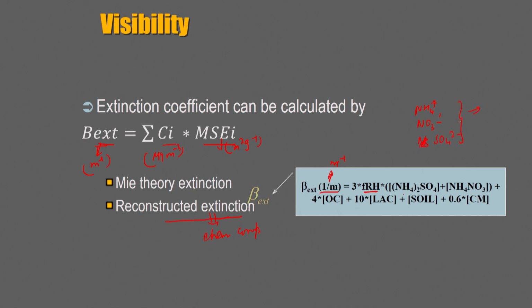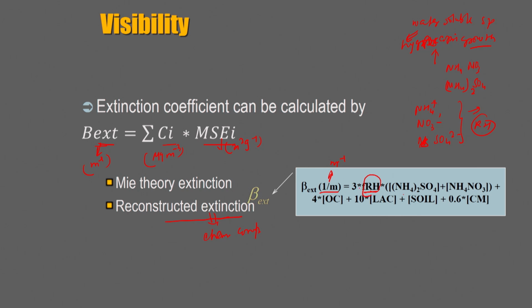These ions usually exist in the atmosphere either in the form of ammonium nitrate or ammonium sulfate, and these depend on the relative humidity, because these are water soluble species. They will show hygroscopic growth, and to account for that growth of the particles, we use a function of RH.